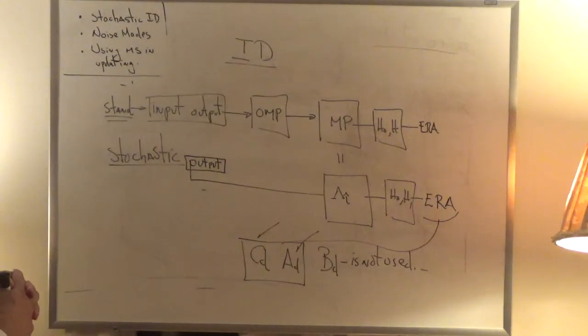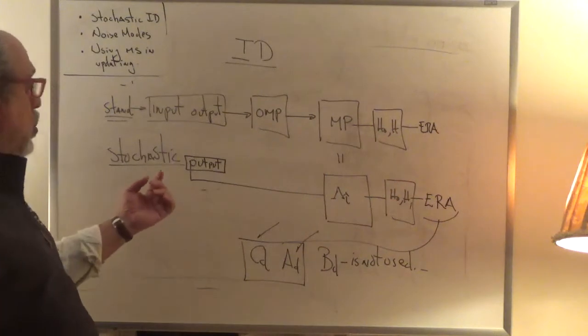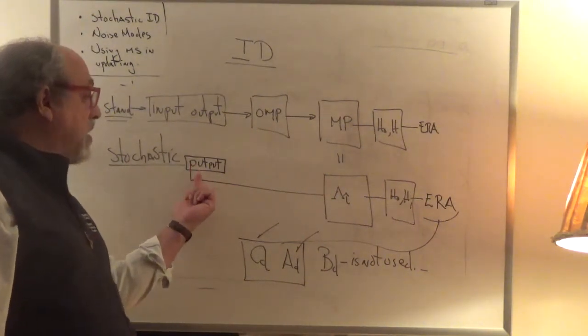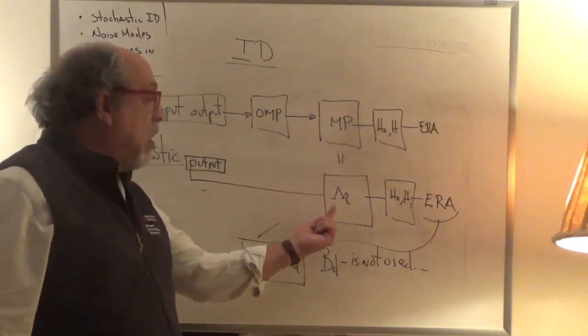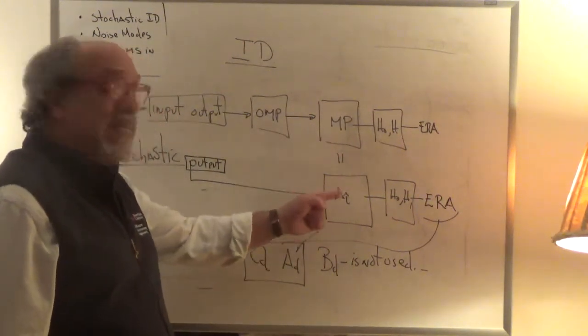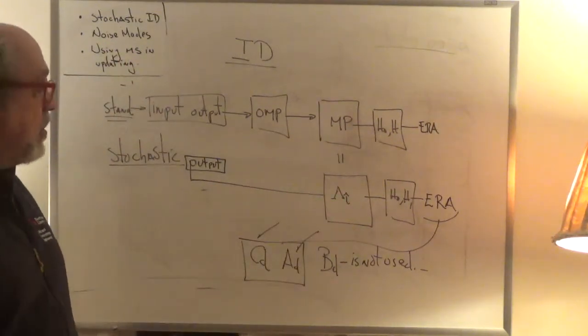To complete your ability to perform this, you need a code that allows you to go from the output signals to the covariance function of the output, which are then treated as if they were Markov parameters.